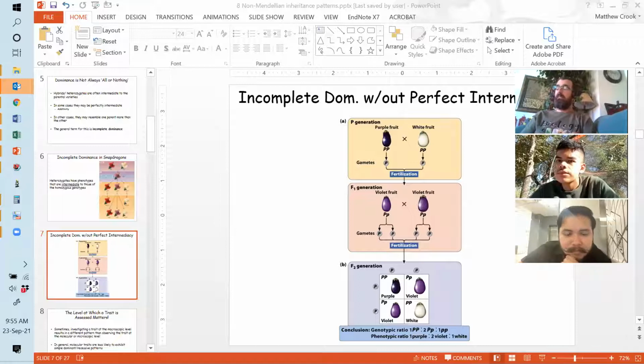Yeah, it is definitely due to a mutation, and also it's complicated by the fact that eye color is a polygenic trait, right?